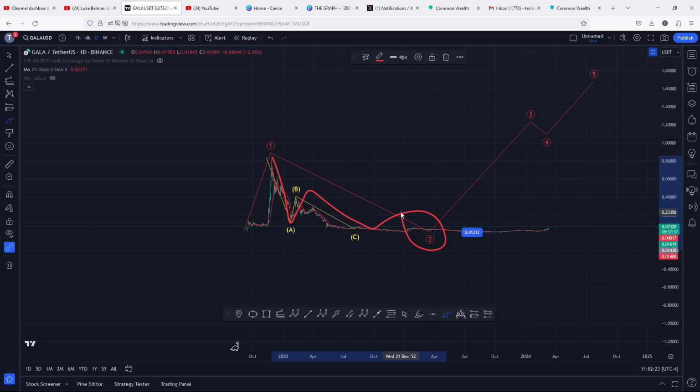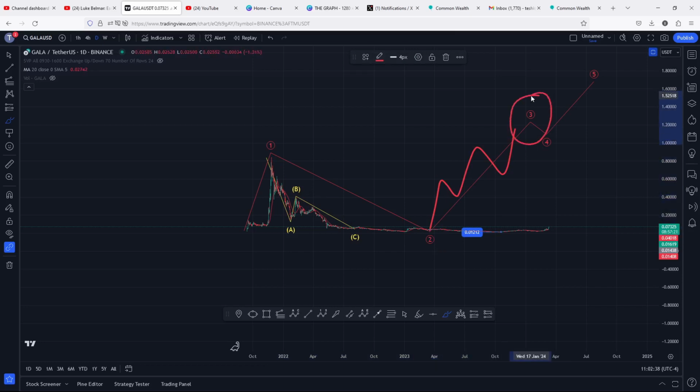And there are high chances that we now have a bear market low in place and we have bottomed out in the formation of this wave 2. And now whatever we can expect in the next coming days is the start of another aggressive move to the upside in the formation of this larger Elliott Wave count 3.